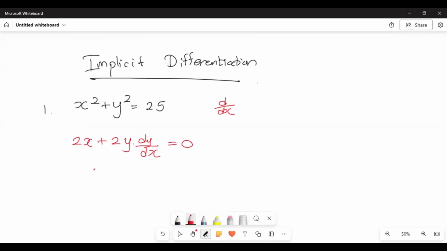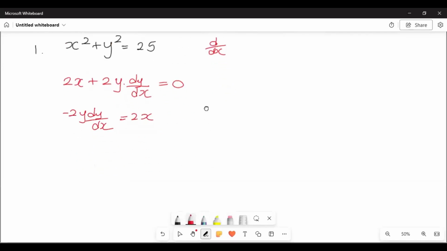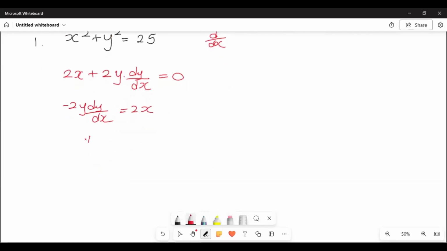So you can write negative 2y dy over dx equals 2x. So the final answer is dy over dx equals negative x divided by y.